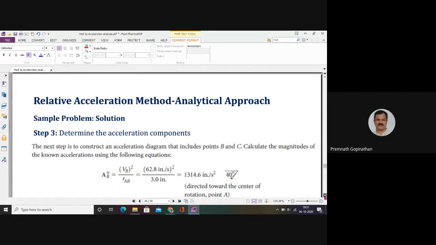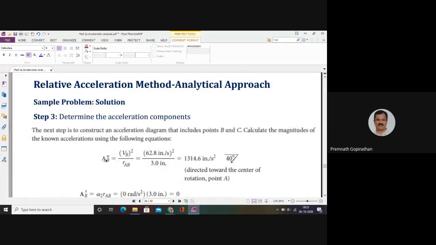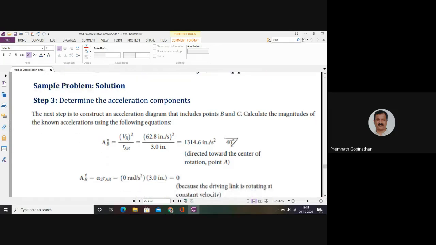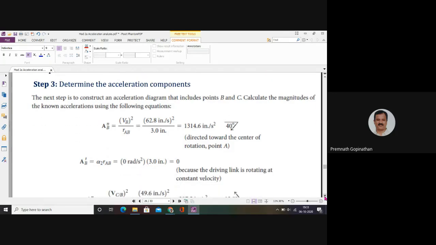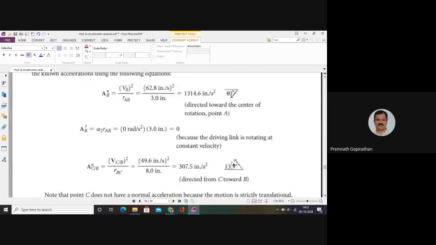For that, you go for the normal acceleration of B with respect to the fixed point A. Since omega 2 is given, you can take it as r omega squared itself, or else you have VB, so VB squared by RAB also gives you the same result. That is obtained as 40-degree inclined with respect to horizontal, and the tangential component is 0. That is evident here.